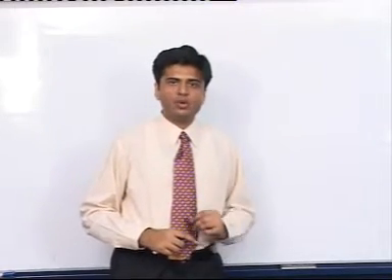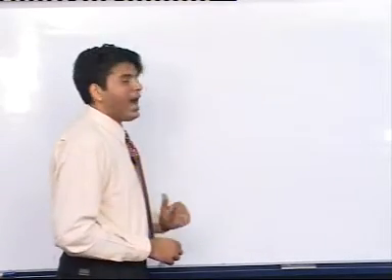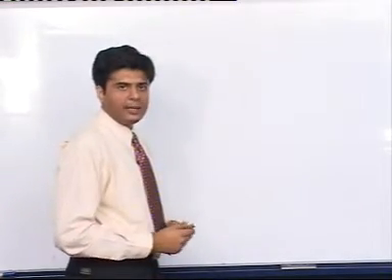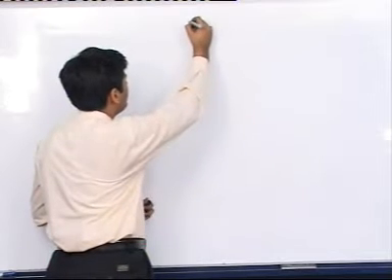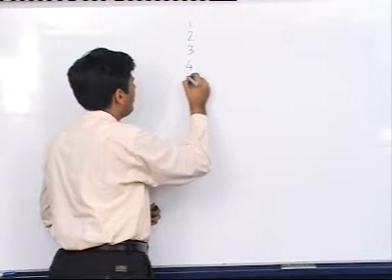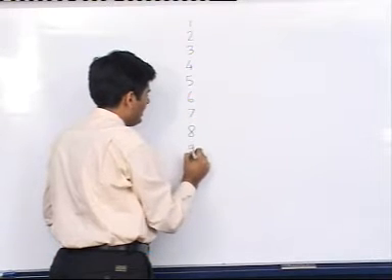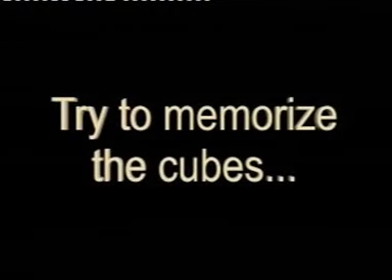So for that, we are going to write numbers from 1 to 10 and we will also write their cubes beside them. So 1, 2, 3, 4, 5, 6, 7, 8, 9, 10.